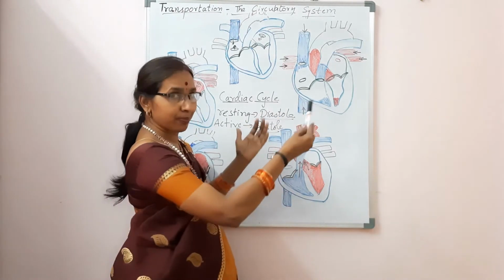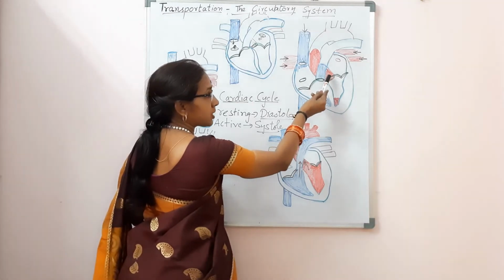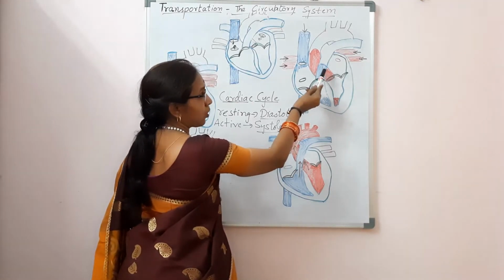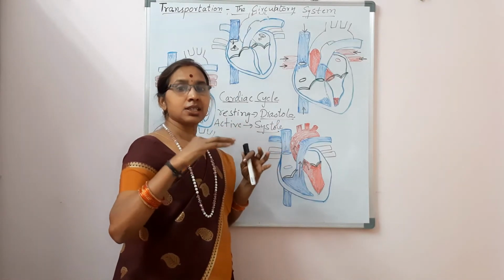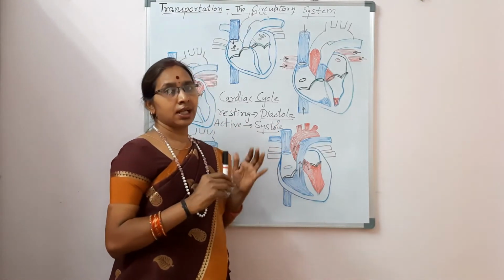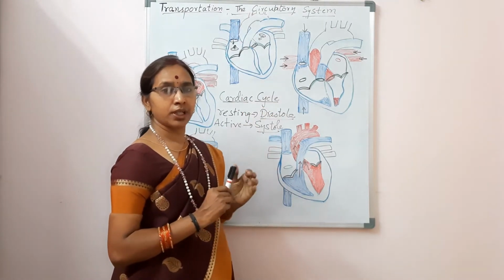To prevent the backflow of the blood into the ventricles, the semilunar valves present in the aorta and the pulmonary artery close. This makes a dull sound known as dub. So this is how the lub sound and dub sound are produced.